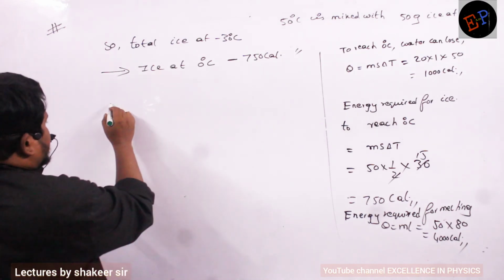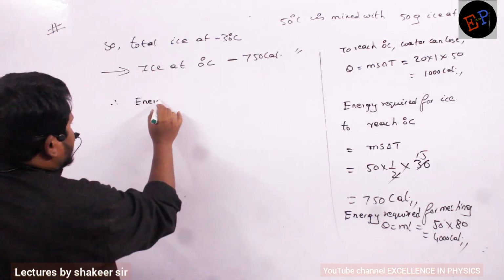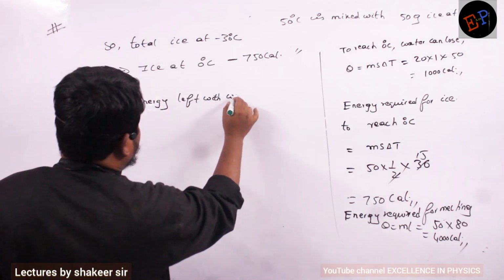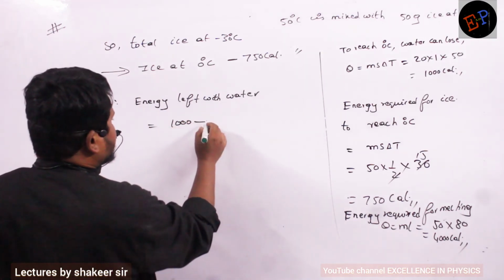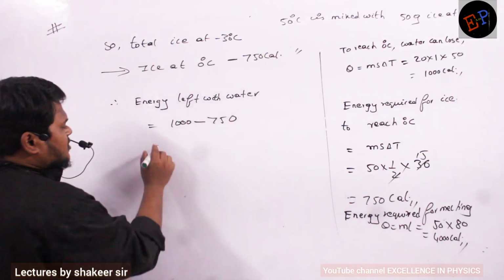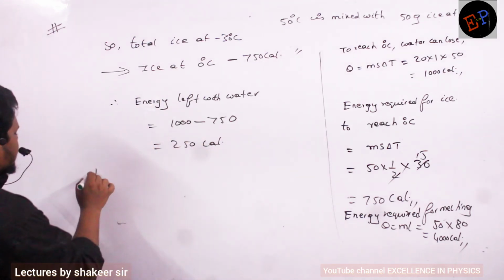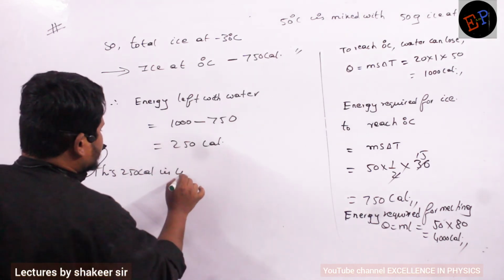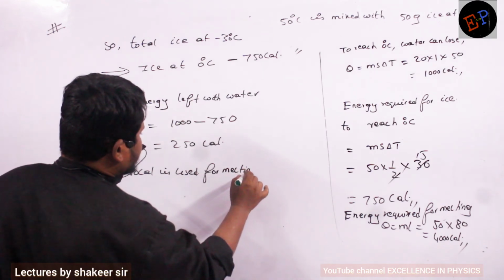Therefore, energy left with water is how much? 1000 minus 750. So how much? 250 calories. This 250 calories is used for melting ice.